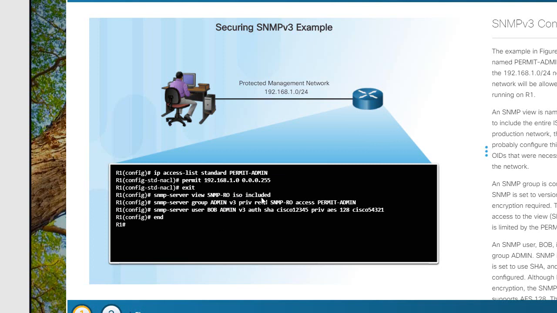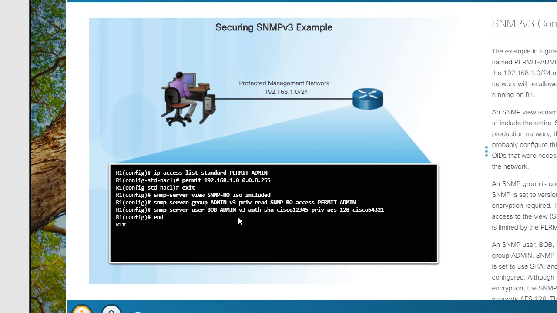SNMP server group, group name admin, v3, priv, read or write here, depending on what you're going to do. Since we're doing read only, we put read. Okay. Then we have the view name there, access, which is just for your ACL that we created, permit admin matches up there.